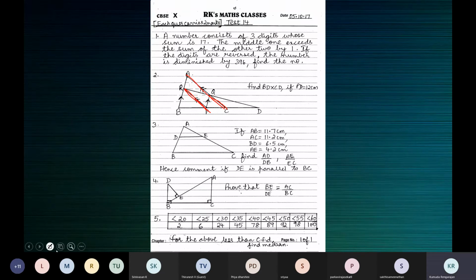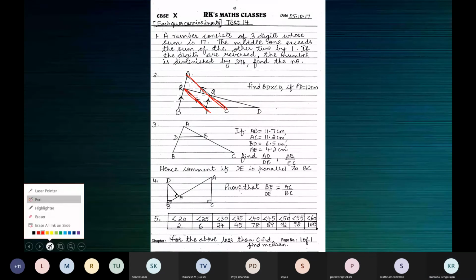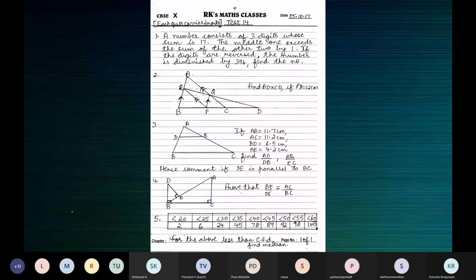Yes, ma'am. RP is parallel to QC because RP is parallel to AC, and QC is a part of AC.